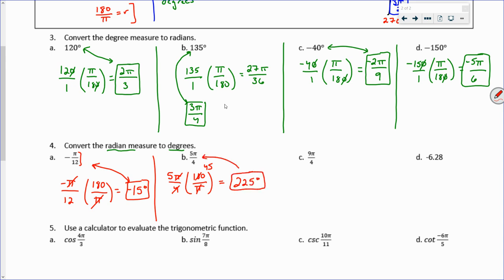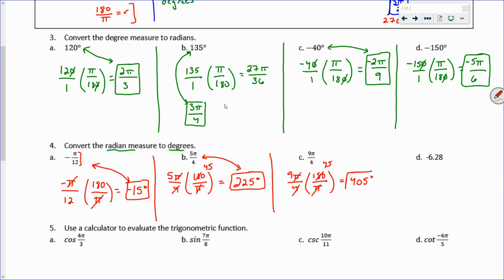So this and this are measuring the same size angle. Go ahead, 9 pi over 4, 180 over pi. Divide by 4, divide by 4 is 45. 45 times 9. Big ol' angle here, 405 degrees.